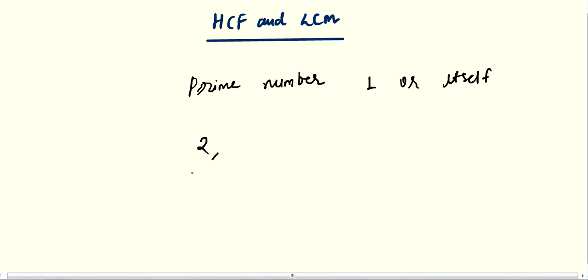So 2 is the only even prime and the smallest prime number. Just like we have 3, 5, 7, 11, 13 and so on. So these all are prime numbers.